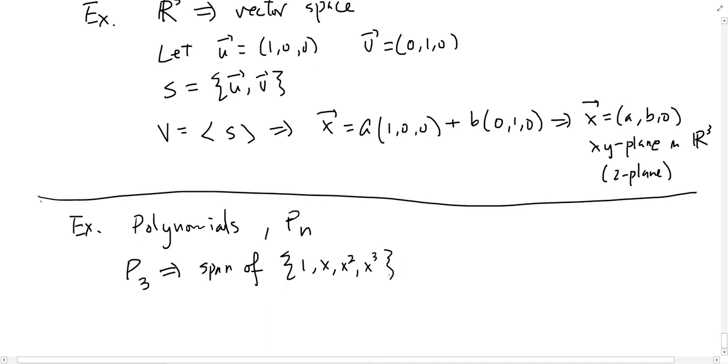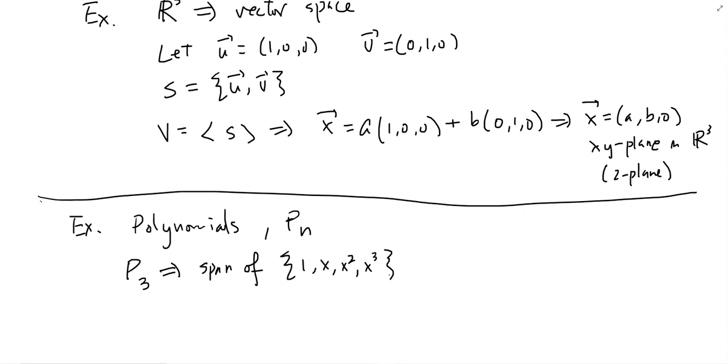Now, before we actually move on, there's something very important we have to talk about. Number one, whenever you're defining a span of a set of vectors, you must use vectors that come from within the vector space. So in here, I cannot use something like radical x, I cannot use x to the fourth or anything like that, because I have to use polynomials of third degree or less.